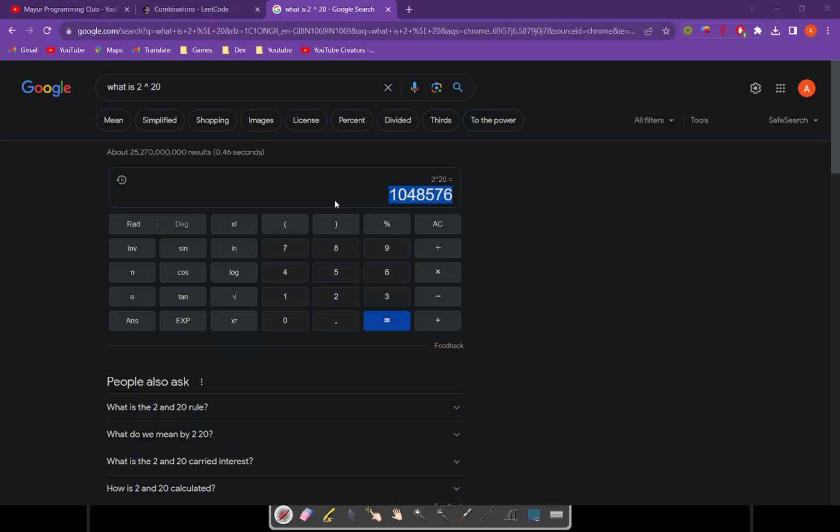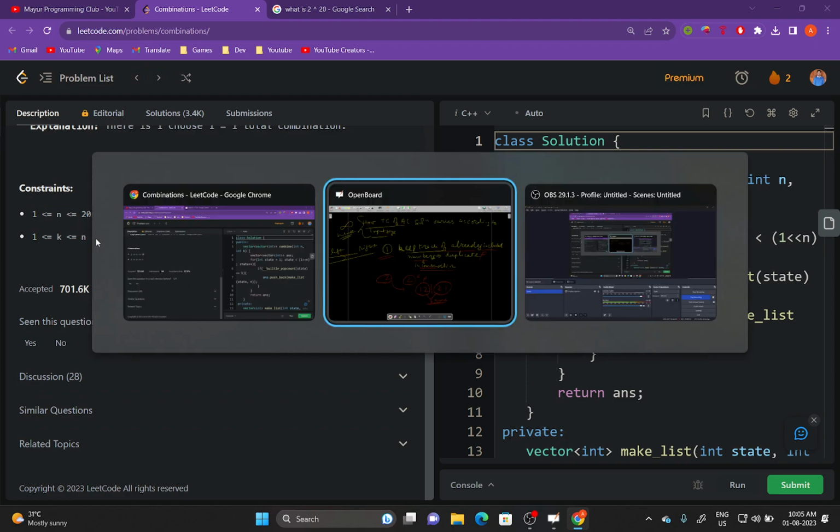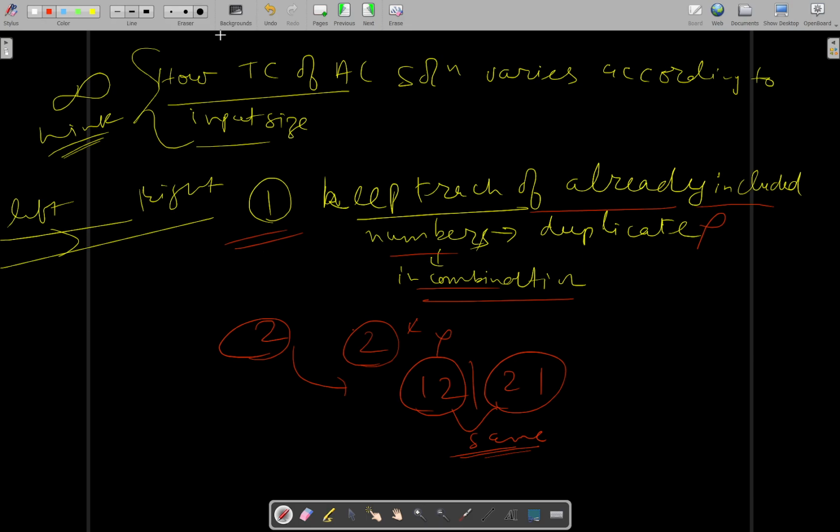So how will you keep check of this? Now, if you see the constraints carefully, n size is only 20, and k's maximum size is also 20. So in order to store a k-digit combination, how will we store it?